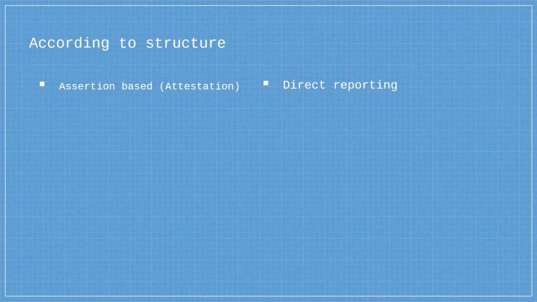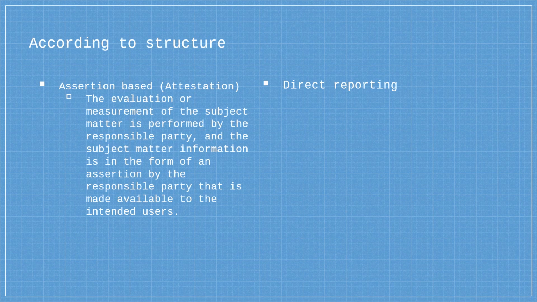If we take a look at our framework for assurance engagements, an assertion based engagement or an attestation is defined as one where the evaluation or measurement of the subject matter is performed by the responsible party. Do you remember our storyteller? And the subject matter information is in the form of an assertion made by the responsible party that is made available to the intended users.